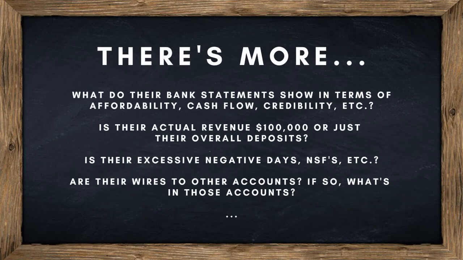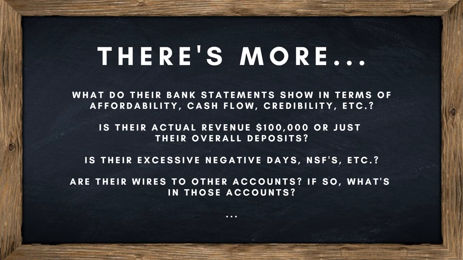Okay. The other thing to understand is that there's other factors that weigh into this, such as revenue, right? If we're looking at revenue with a client, we pull up their bank statements and we see deposits at the top and it says they're doing $100,000 a month in deposits. That doesn't necessarily mean that it's revenue. So we need to look at the line items and ascertain for ourselves, how does this actually work, right?